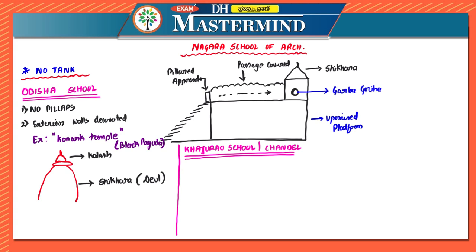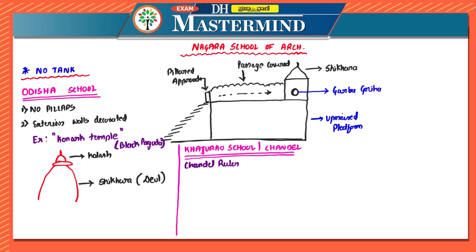Because it was developed by Chandel rulers, it is known as Chandel school or Khajuraho school. Or they can ask, Khajuraho school was developed by Chandel rulers.